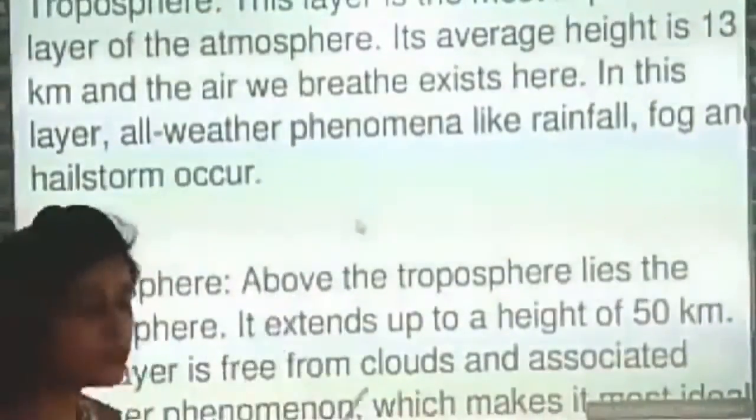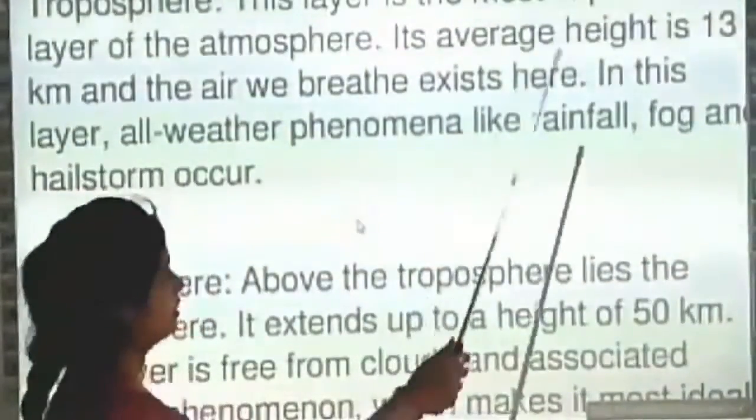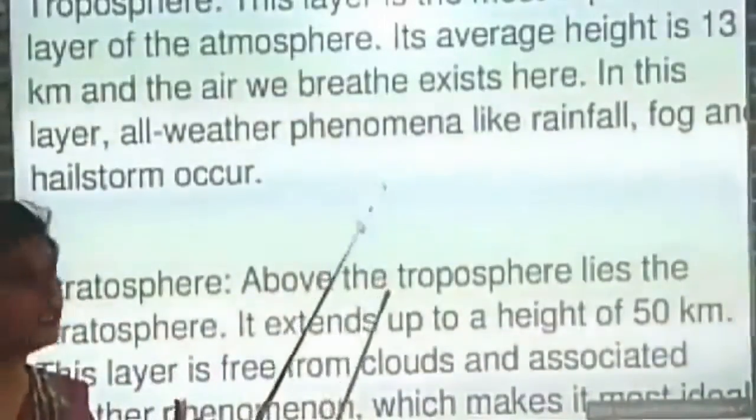So these are the features of the troposphere: first, it is the most important layer; second, its height is about 13 kilometers and we get the air we breathe from this layer; and next, all the weather changes happen in this layer.